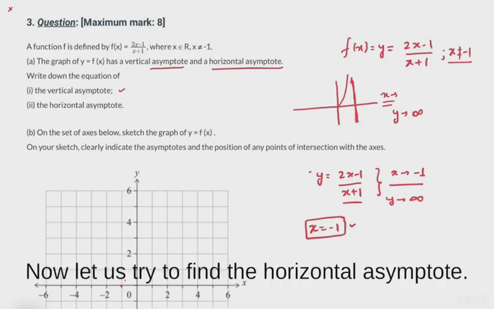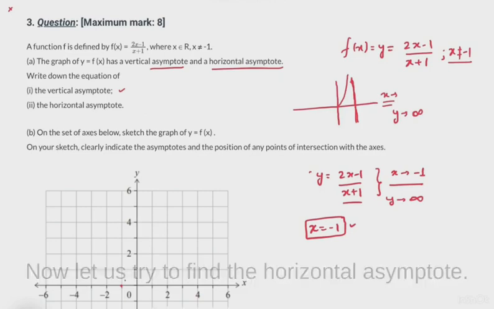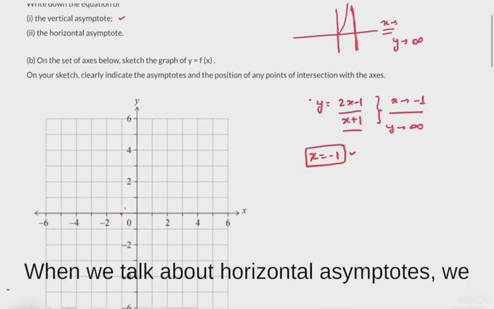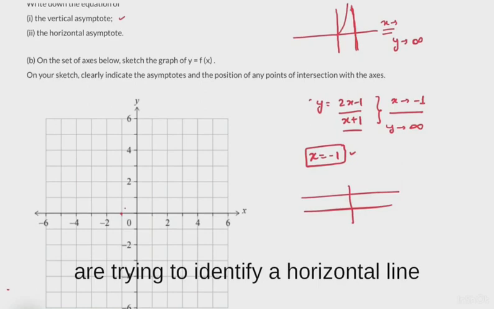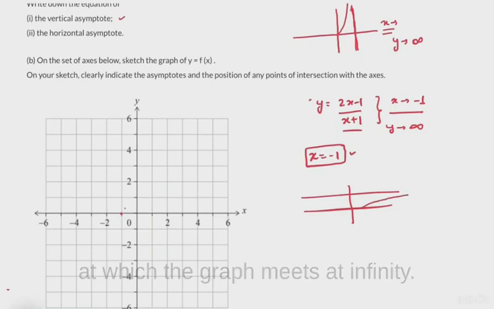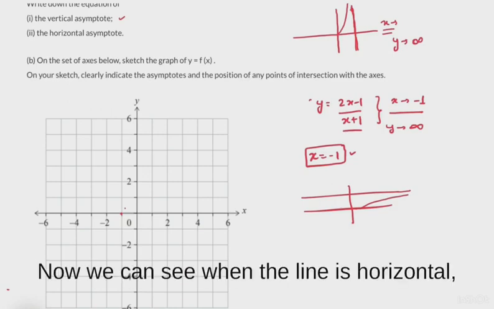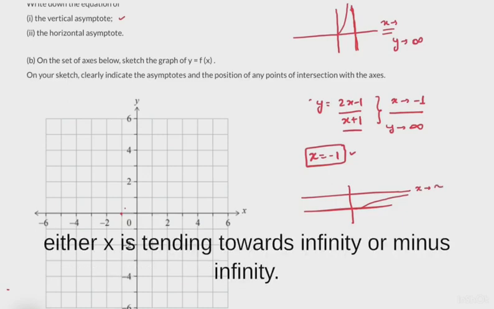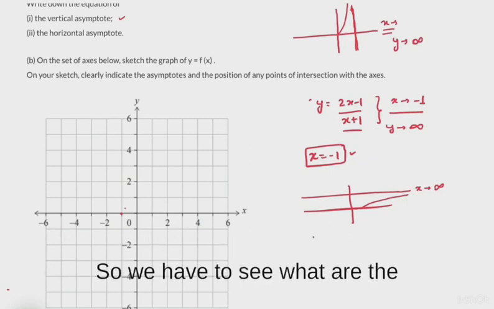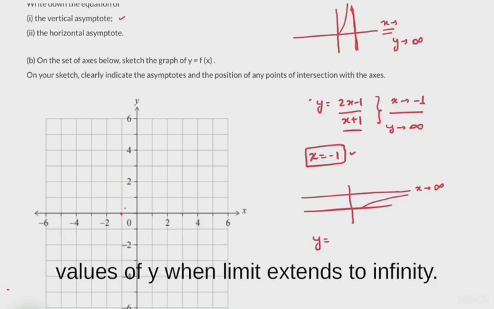Now let us try to find the horizontal asymptote. When we talk about horizontal asymptotes, we are trying to identify a horizontal line which the graph meets at infinity. When the line is horizontal, x is tending towards infinity or minus infinity. So we have to see the values of y when the limit x tends to infinity.